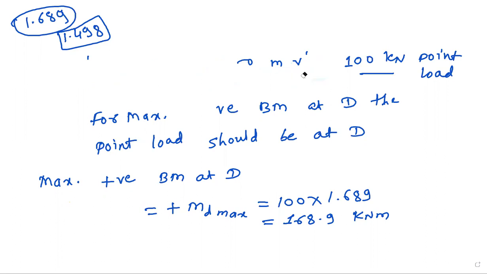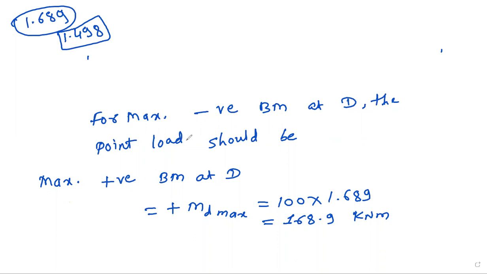For maximum negative bending moment at D, the point load should be placed at the right quarter section where you have calculated the ordinate 498.